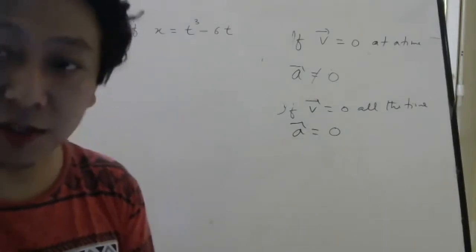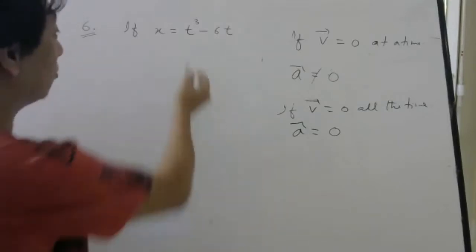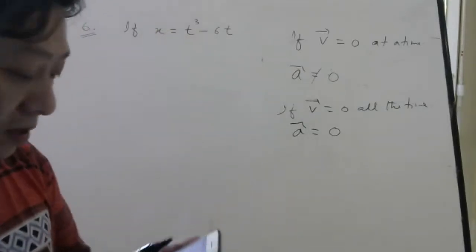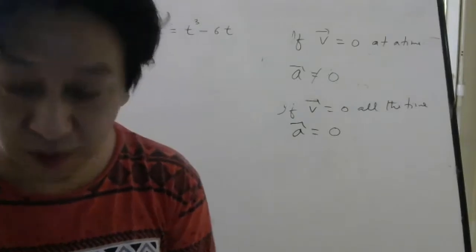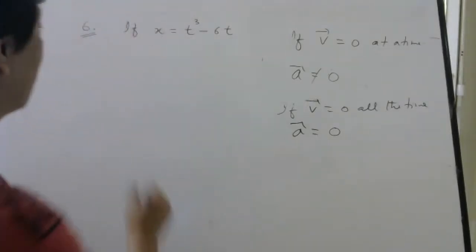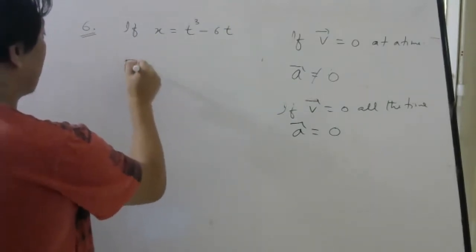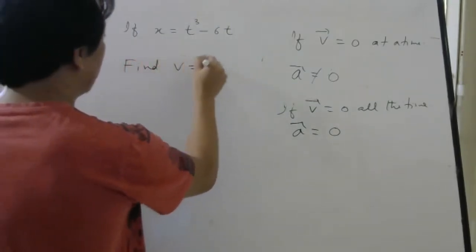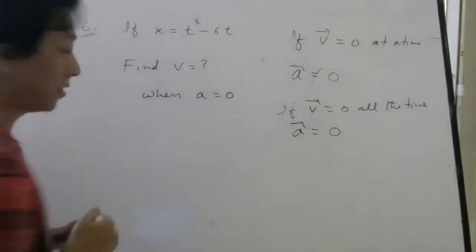It gives the position coordinate of a particle as a function of time. Matlab, with time the position changes. What they are asking: find its velocity when acceleration is 0.